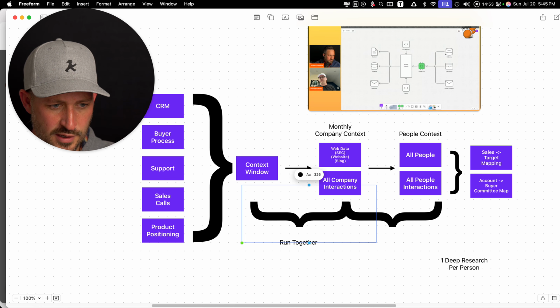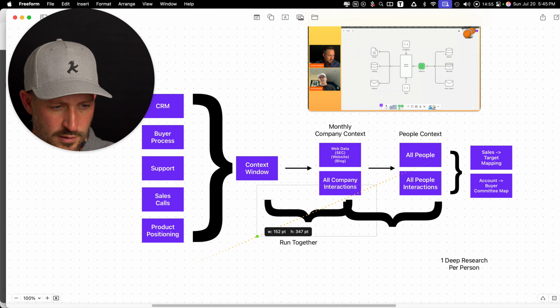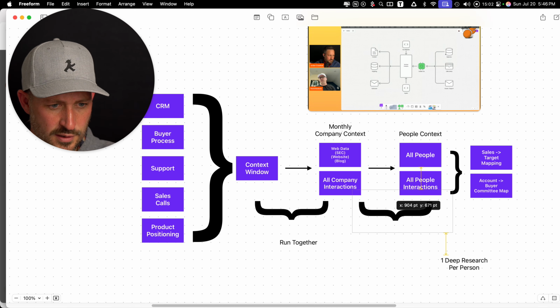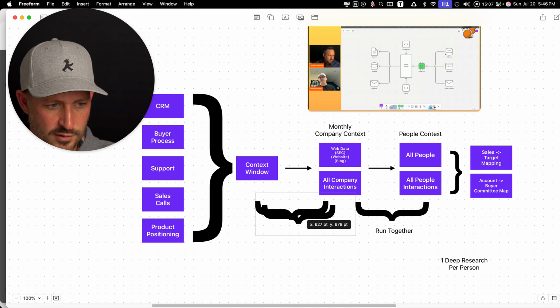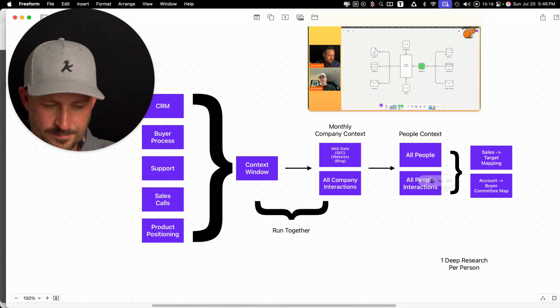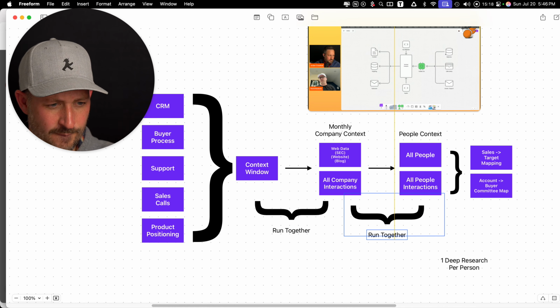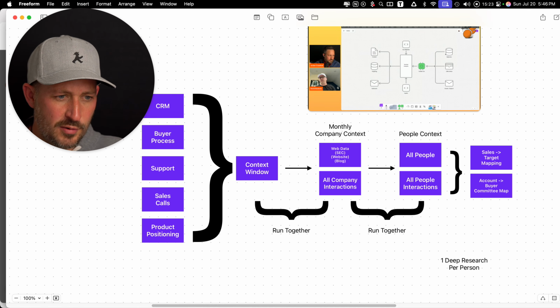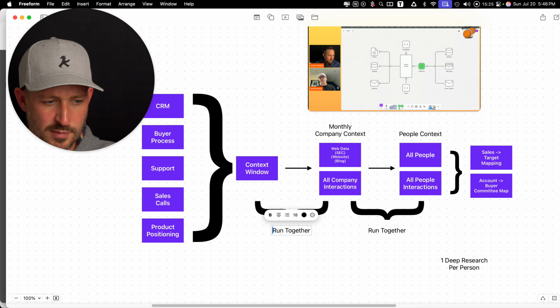And I actually should kind of separate this because these two things should be run together, and then these two things should be run together, but they should not be run. Yeah, this is what it should look like. There you go. So context window, and this is like run together monthly maybe.